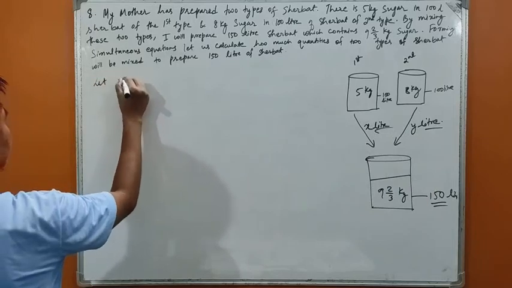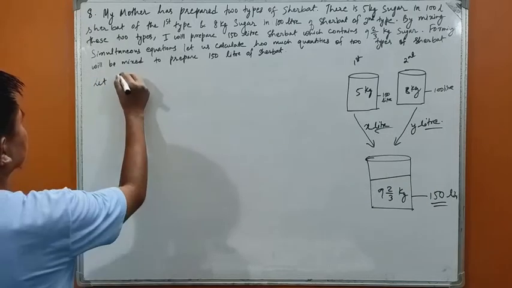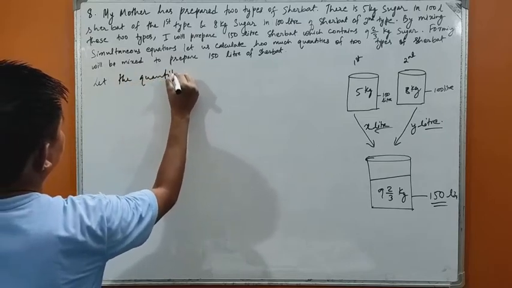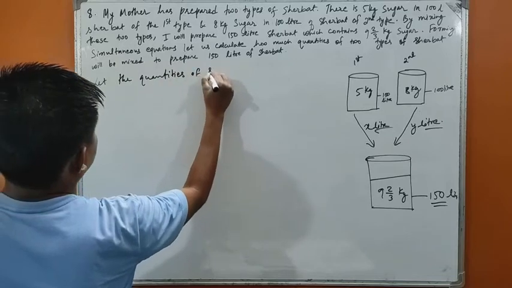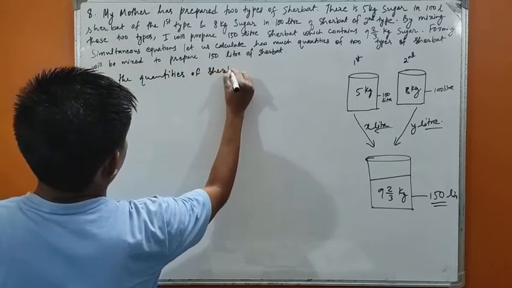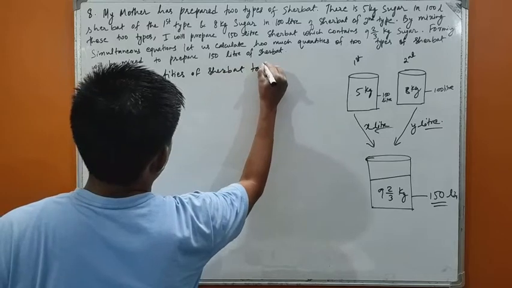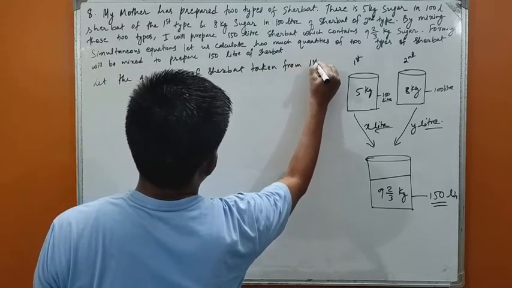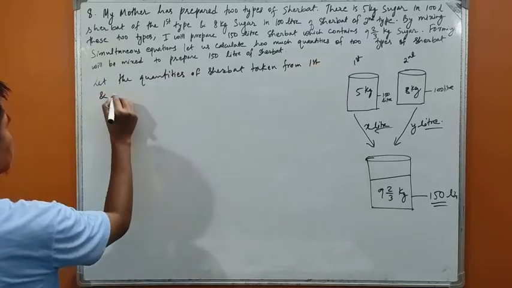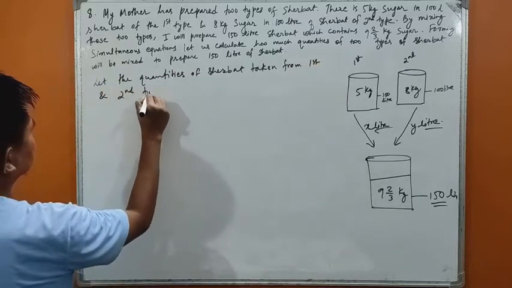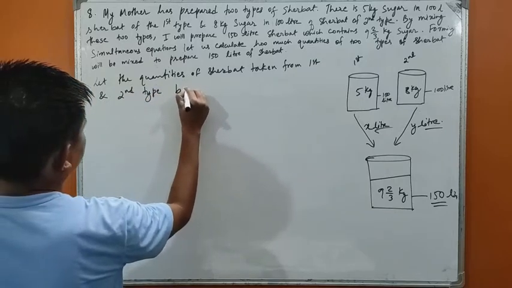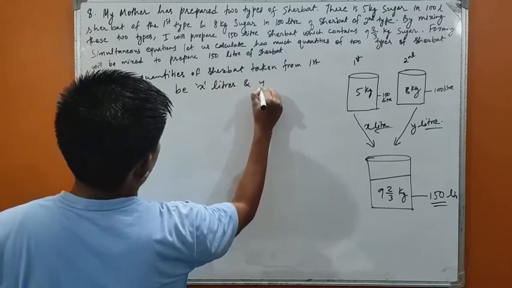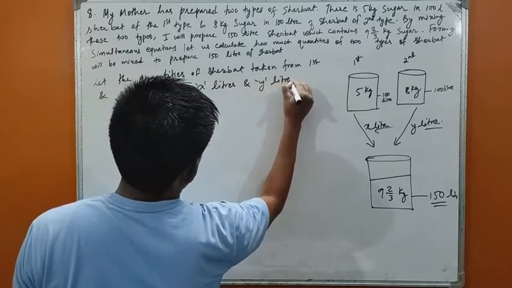Let the quantities of sarbat taken from the first and second type be x liters and y liters respectively.